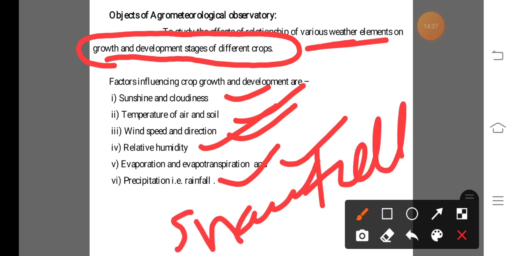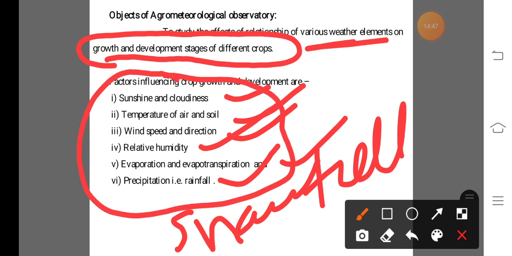So these are the different weather parameters that affect crop growth and development. Already in the theory lecture we discussed how they affect the crop, that means the positive and negative impact of these weather parameters on crop.